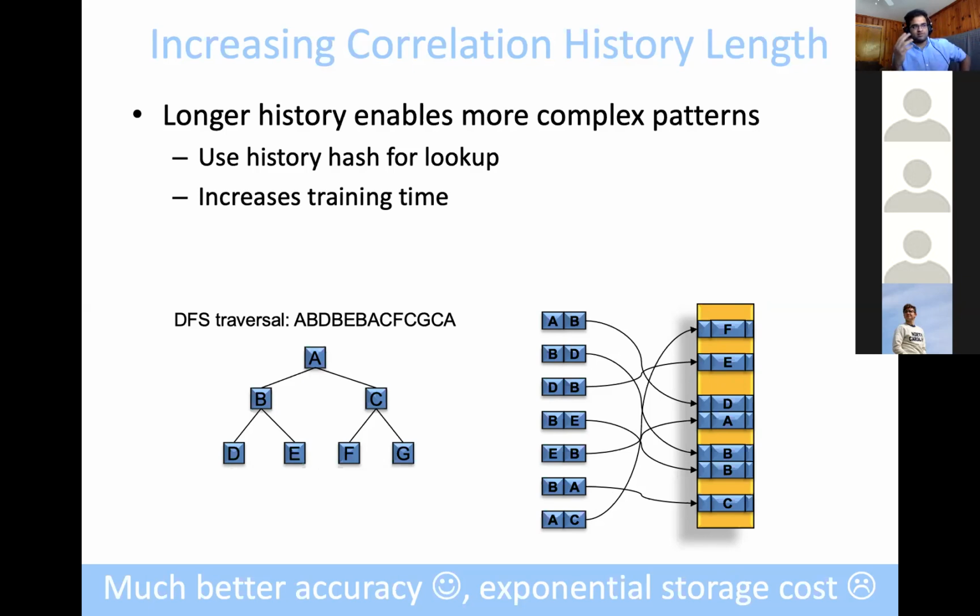Now this has much better accuracy because you're using how you traverse as part of this, as opposed to the question of if I'm at A, do I go to B or do I go to C? I don't know. Depends on where in that traversal you are, right? The previous kind of predictor would have said go to B, and the first time it's right. But what happens when you've already processed this subtree and you come back up and you want to process this side?